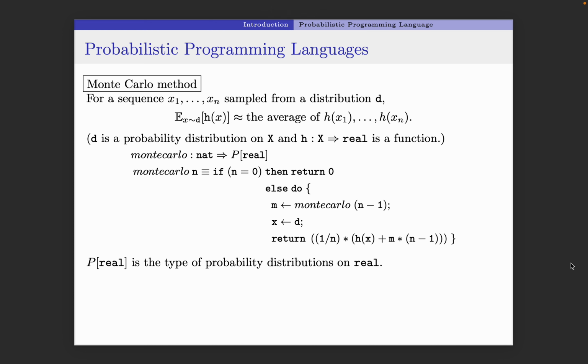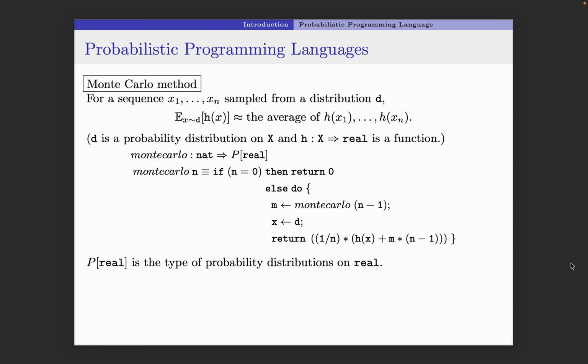Here is the program Monte Carlo. It receives a sample size n and returns a probability distribution on real numbers. The program computes the average of h of x1 to h of xn recursively.